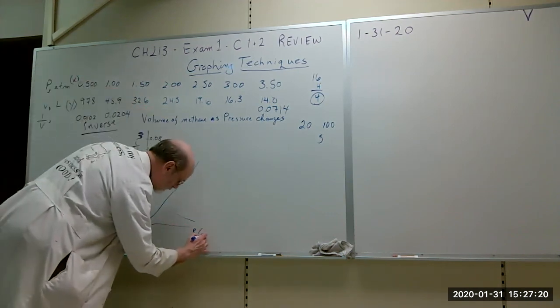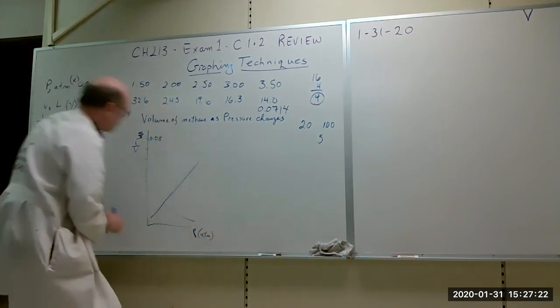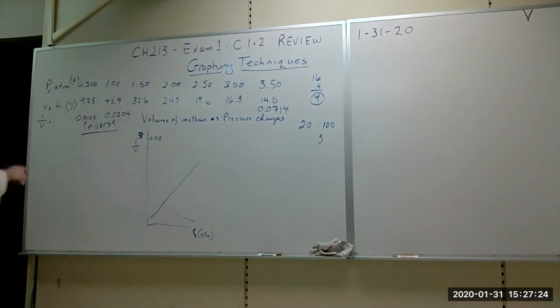All right, this doesn't change. This is going to be atmospheres. What are the units for this one? When we took the inverse of these numbers, what else did we do? Took the inverse of the units. So 1 over V, like if we had this, 97.8 liters.